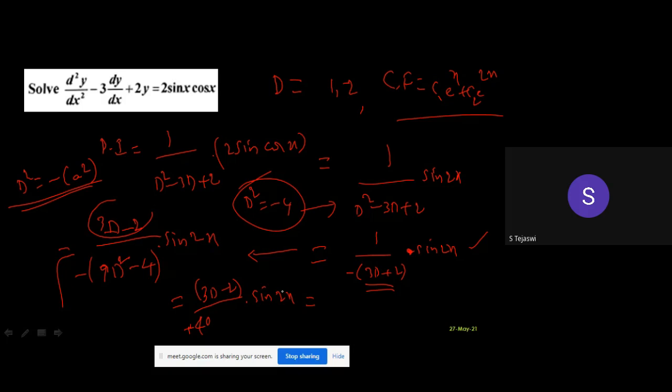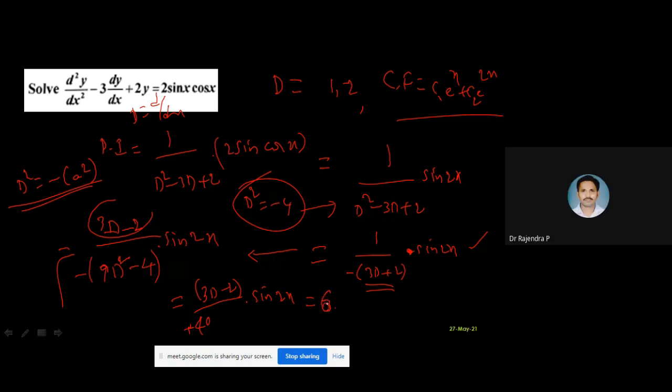Good. So now in the numerator, this sin 2x I can multiply inside the bracket. 3 into D times sin 2x means derivative of sin 2x. As we know, D stands for d by dx. So the derivative of sin 2x is what? cos 2x into 2.